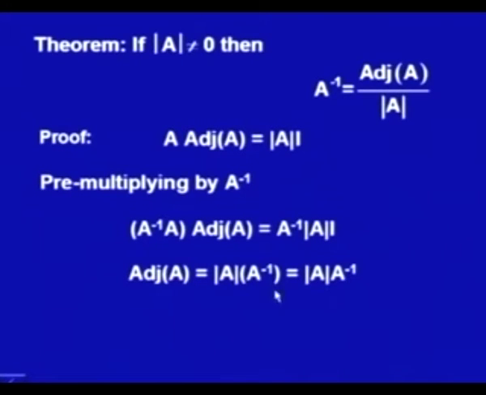So, what we have is adjoint A is equal to determinant A into A inverse. Because determinant A is simply a number, you can divide both sides by determinant A. So, A inverse is equal to adjoint A divided by determinant A.